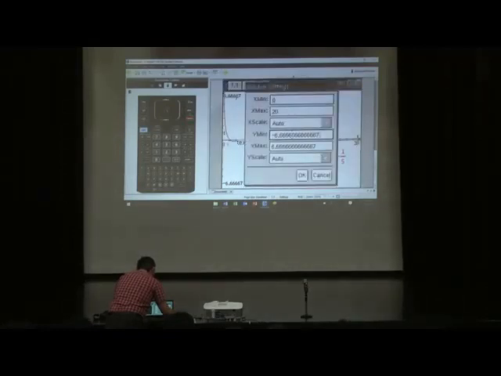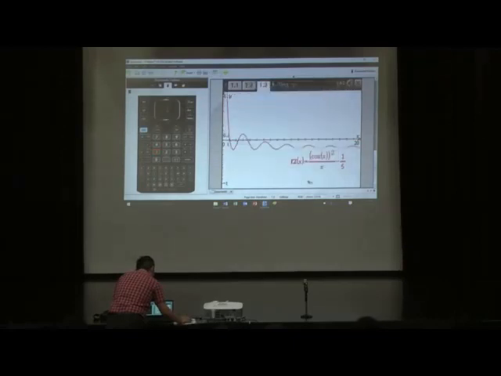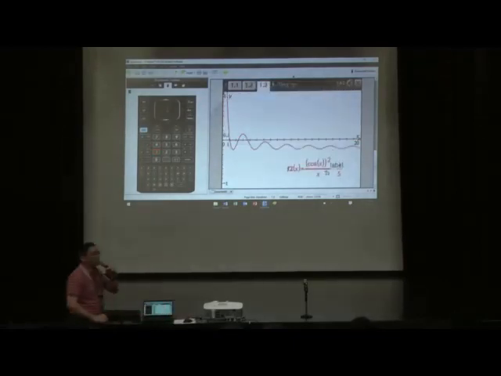So y minimum, let me just put a number, say -1. Y maximum, let me put 1. Now this time around, do you agree that it's much clearer now? Yes, right. So now I can answer the question already.